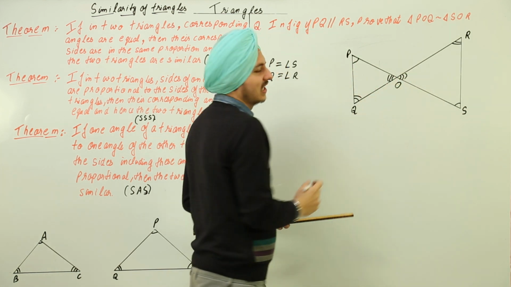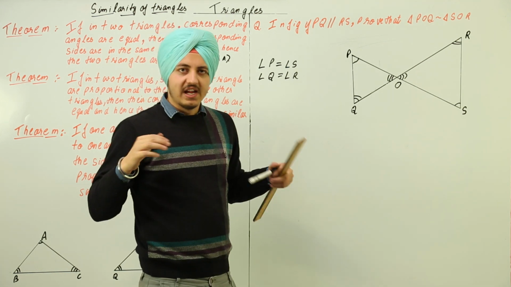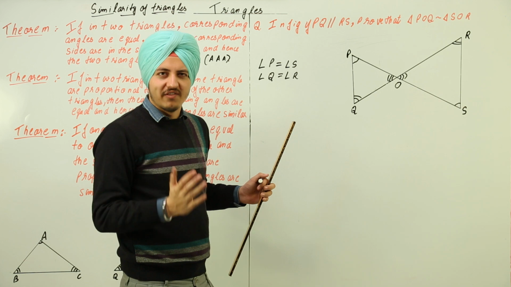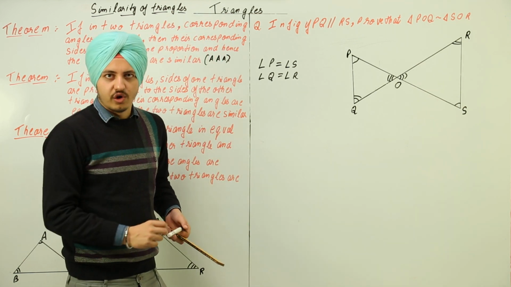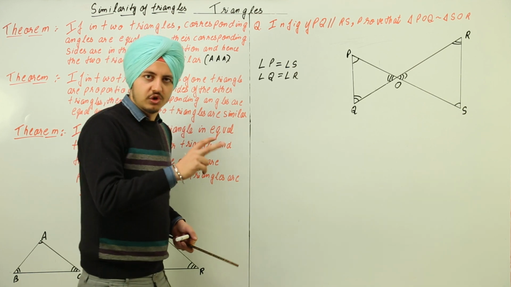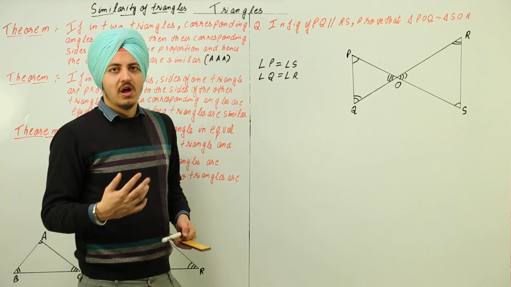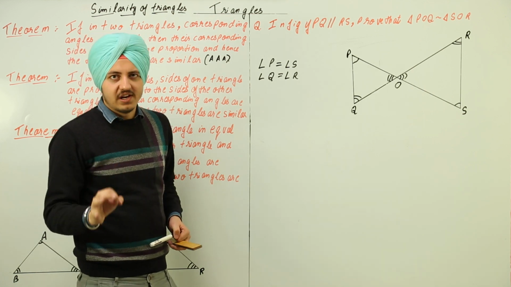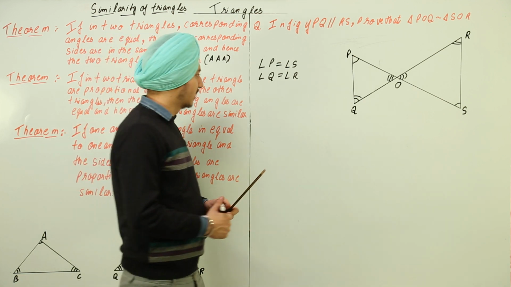And actually these angles are also equal because these are vertically opposite angles. But if in any question you are not able to determine if the third angle is equal or not, but you have already determined that two angles are equal to each other in both the triangles, then the third angle is automatically equal because the sum of angles in a triangle is 180 degrees, correct? So the third angle is going to turn out to be equal itself.